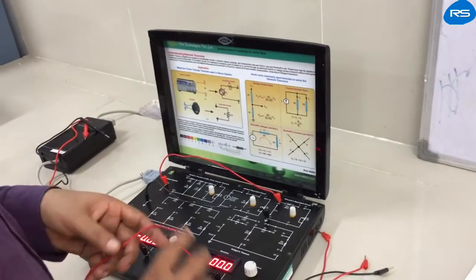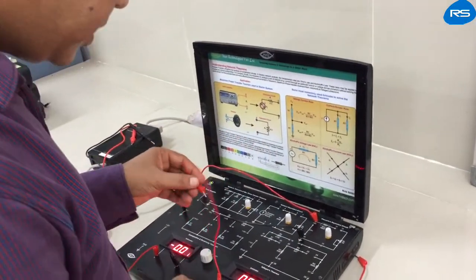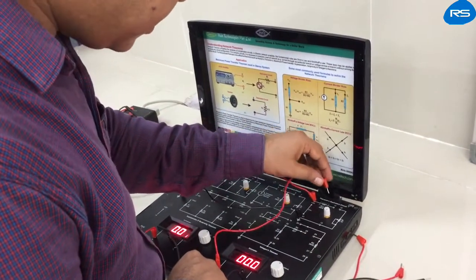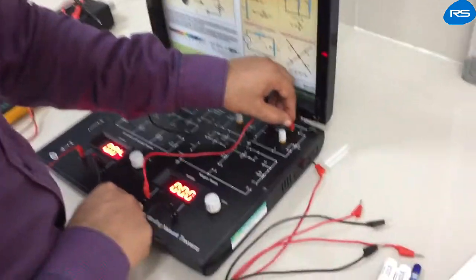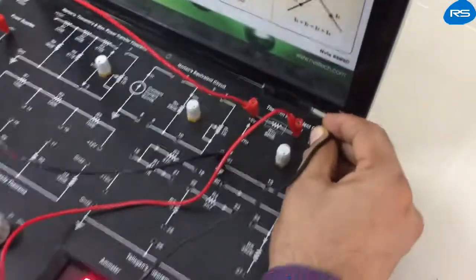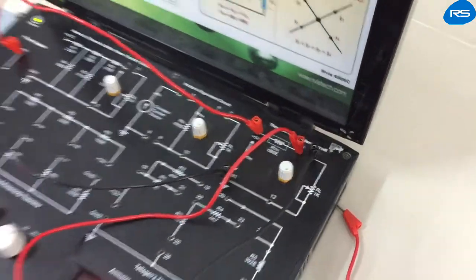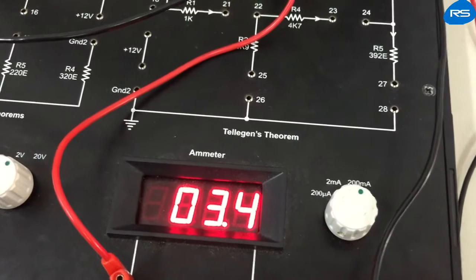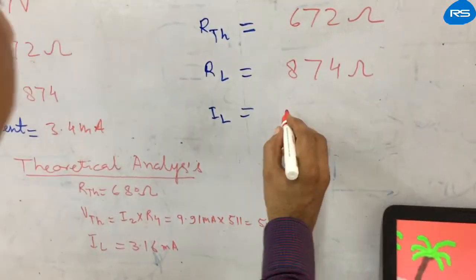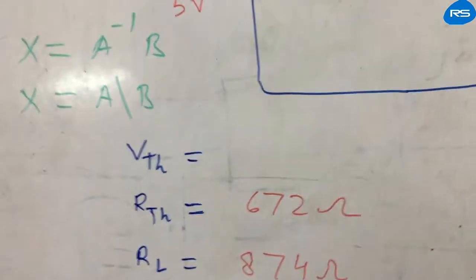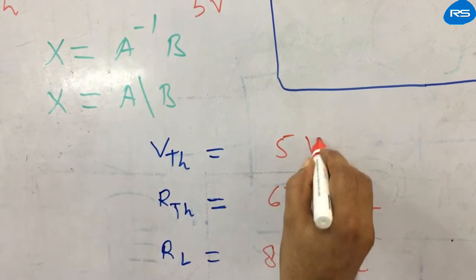And in order to measure the load current, we connect the positive terminal of the ammeter with 0.11 of the given circuit, and the negative terminal of the ammeter with 0.12 of the given circuit. So in this way we found that the load current is 3.4 milliampere again. So that is equal to 3.4 milliamperes in this case, and VThevenin we have taken 5 volt here.